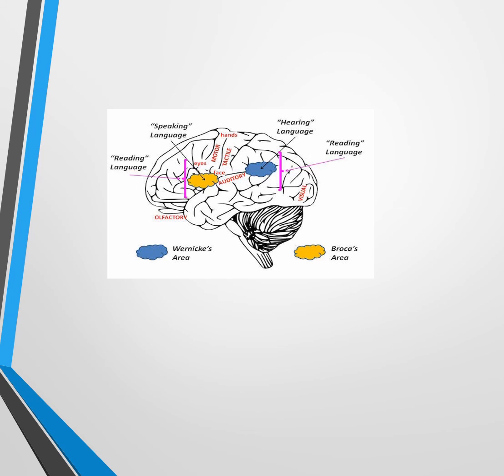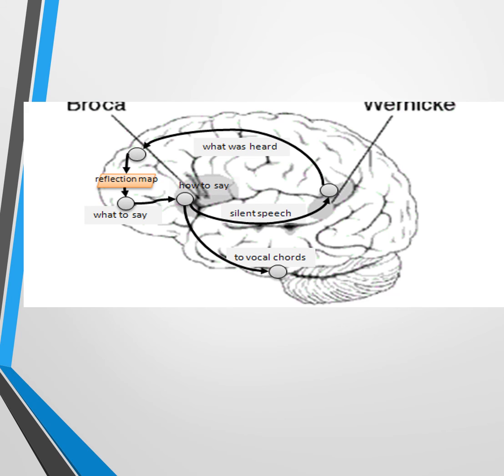So all these are integrated, so if you think about them as an integrated whole, you can see from Wernicke's area it's what is heard. Reflection happens in the frontal lobes. What is said is in the Broca's area. How it's said is in Broca's area. Silent speech is a connection between Broca's and Wernicke's area, and how you articulate words is input from Broca's area to the vocal cords.